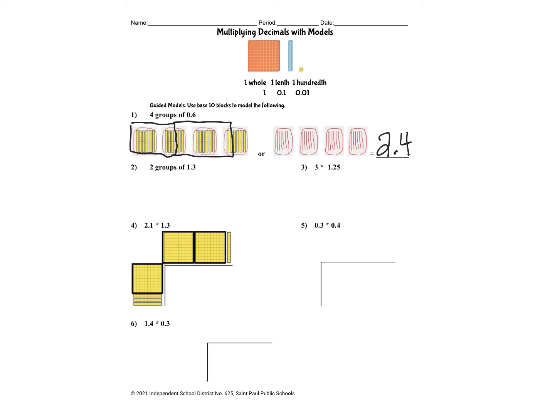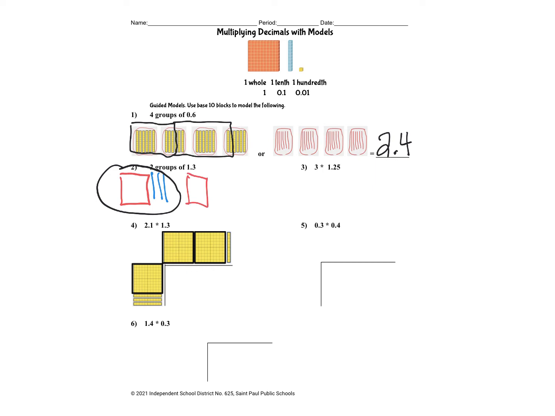All right, so we're going to do another one. 2 groups of 1 and 3/10. So if you remember, the 1 is the flat, so I'm going to go ahead and draw that out. My first group of 1 and 3/10 is going to be 1 flat, and then 3 sticks, and that's my first group. And then I'm going to do a second group of that.